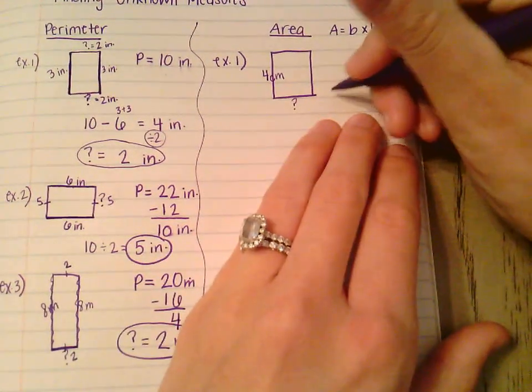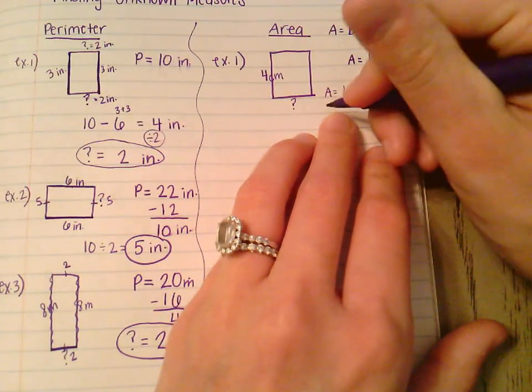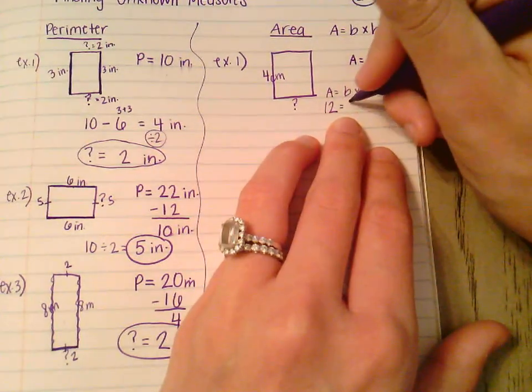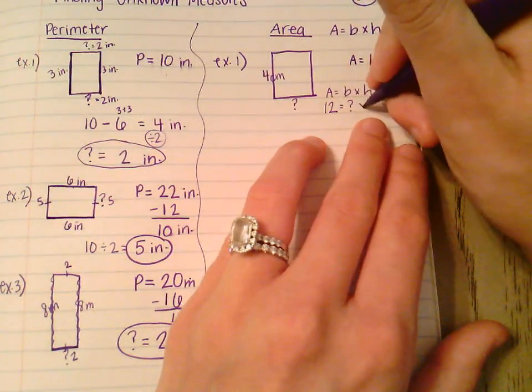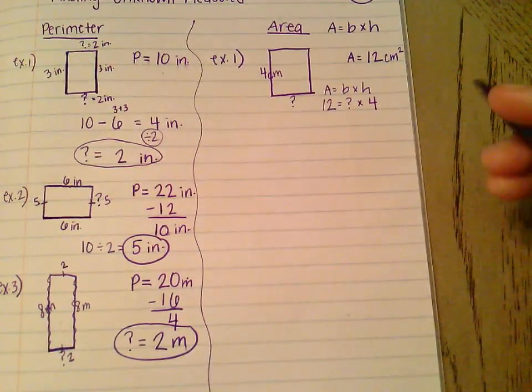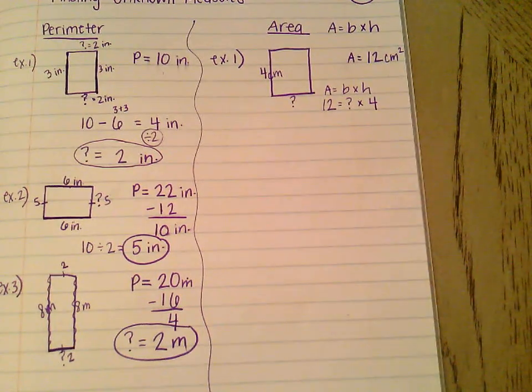So I'm going to write area equals base times height. My area here I know is 12, so I can replace the A with the 12. My base, I don't know, that's my question mark. And my height is 4. So I have 12 equals something times 4.